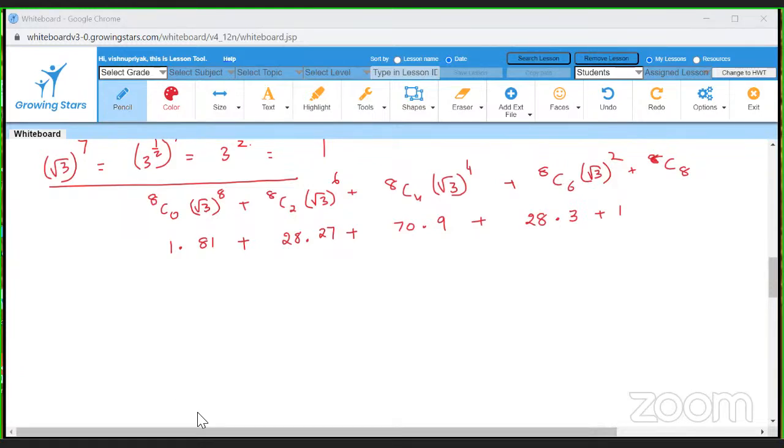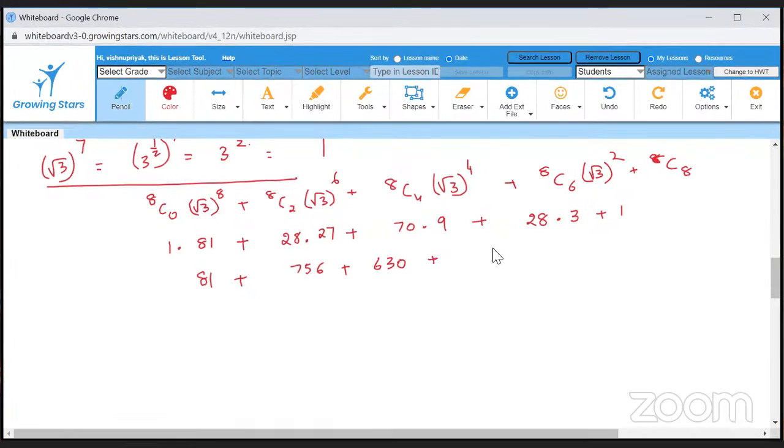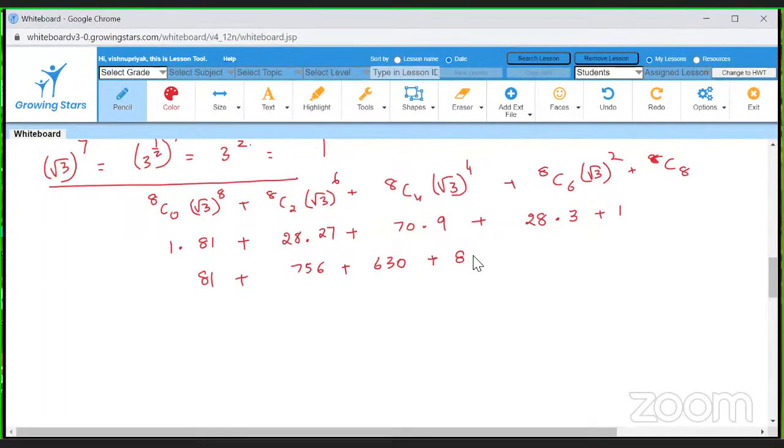Okay. Now, still you can simplify. First one is 81. Then 28 into 27, 756. 630. And then 84. Plus 1.